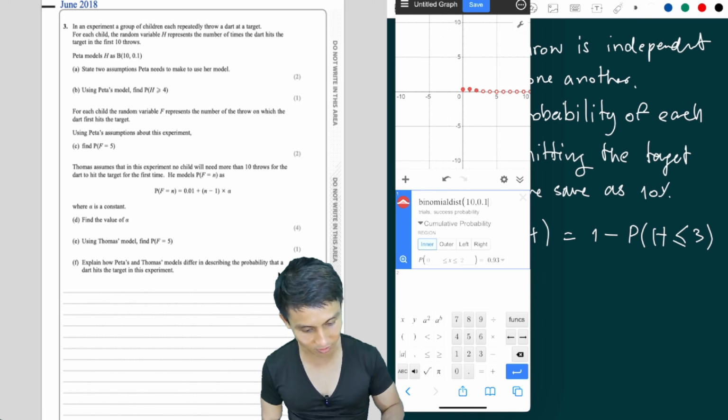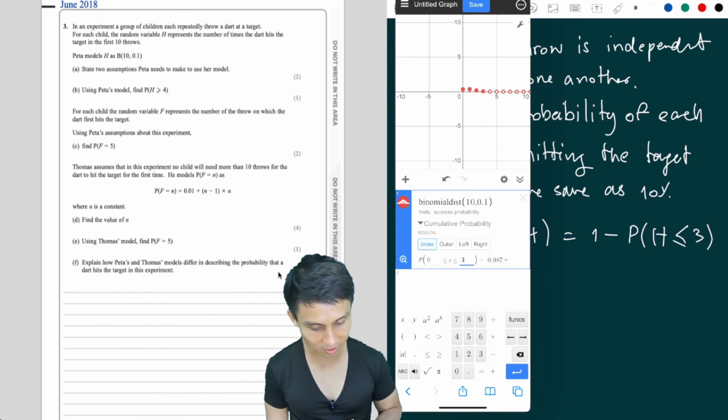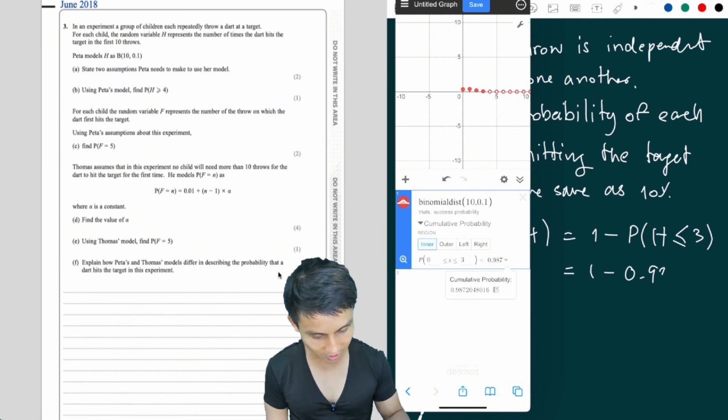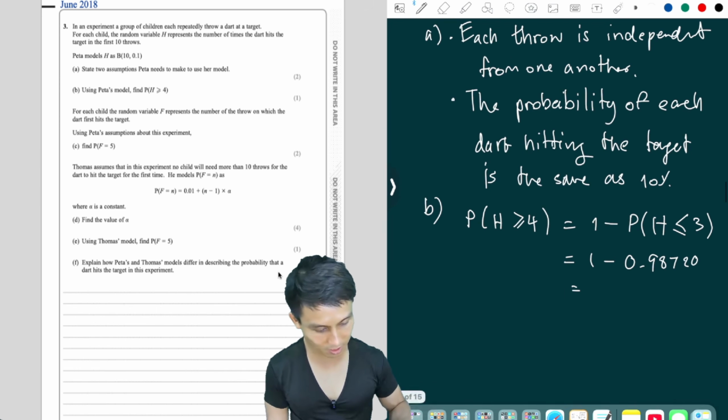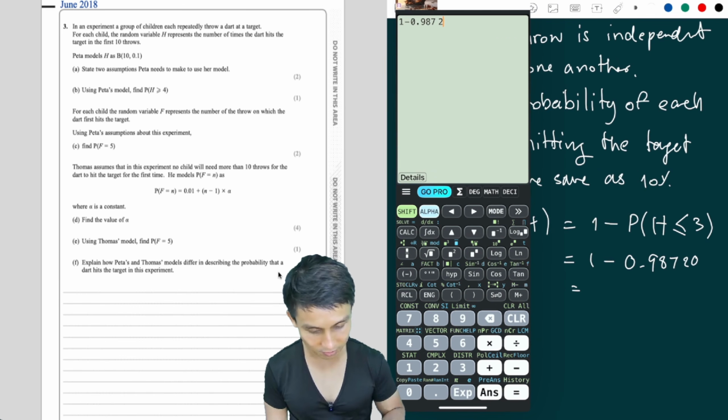I'm going to do from 0 to 3 here. So that's going to be 1 minus 0.98720. Then I'm going to use a calculator to calculate that: 1 minus 0.98720.